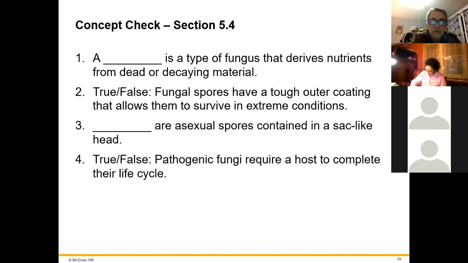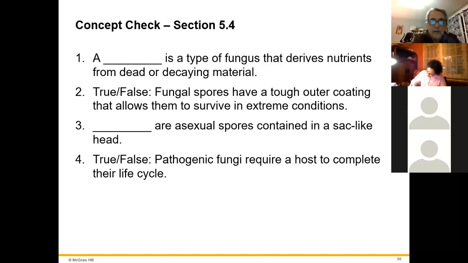True or false? Fungal spores have a tough outer coating that allows them to survive in extreme conditions. And that would be the description of an endospore from bacteria.